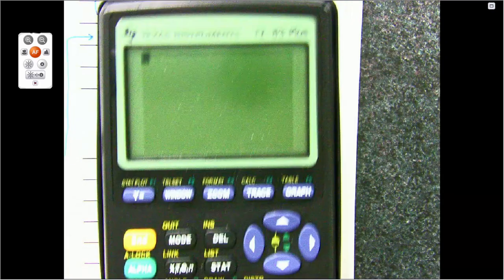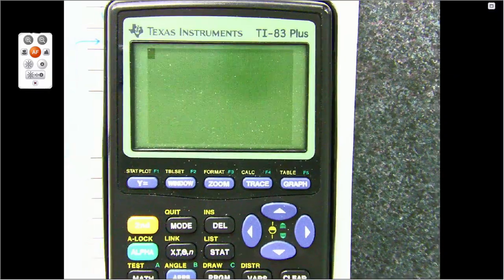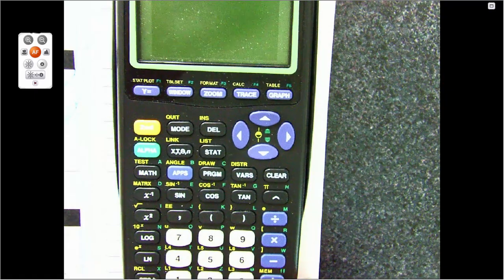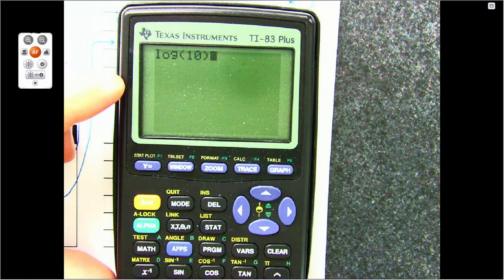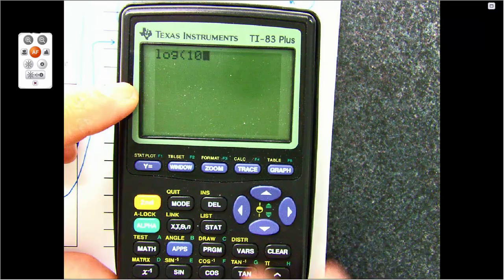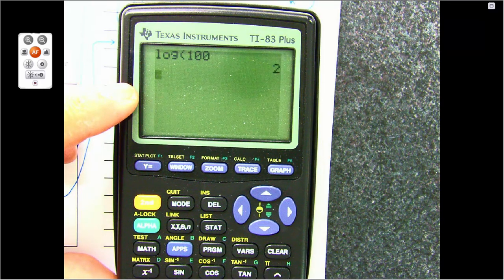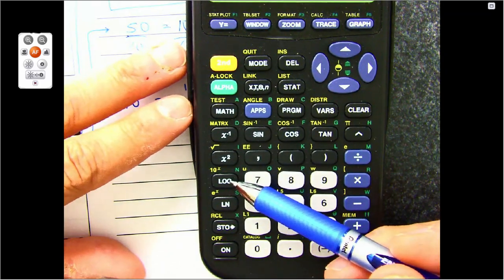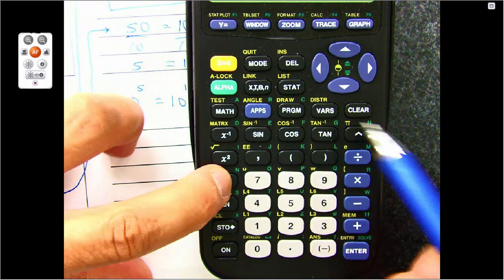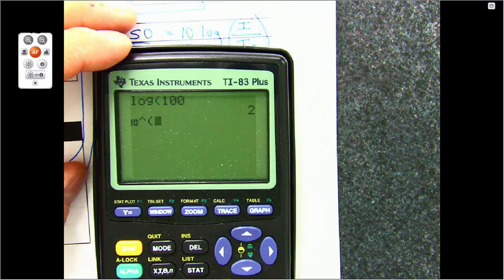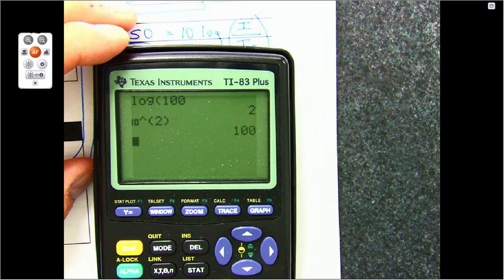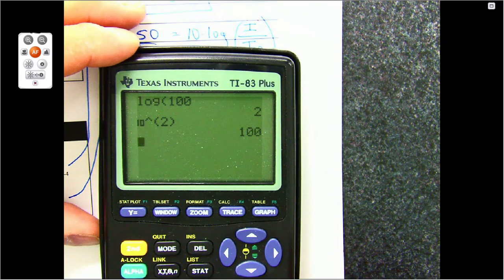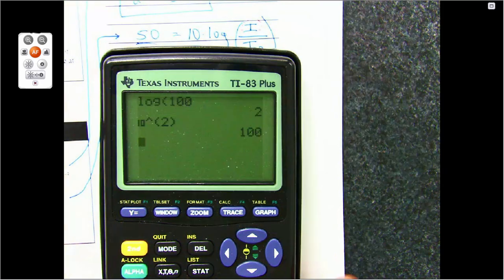So I know that if I hit log and put in 100, I'm going to get 2. And if I hit second log to get the 10 to the x to come up and put 2 in here, I should get my number back, correct? So this is called inverse log, or anti-log.